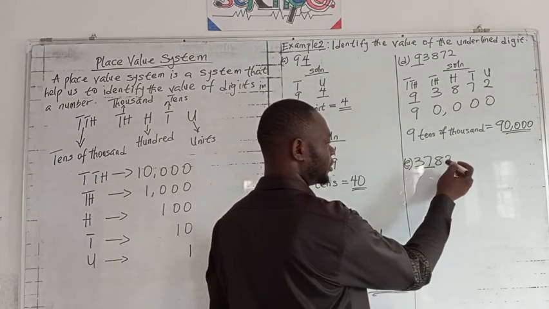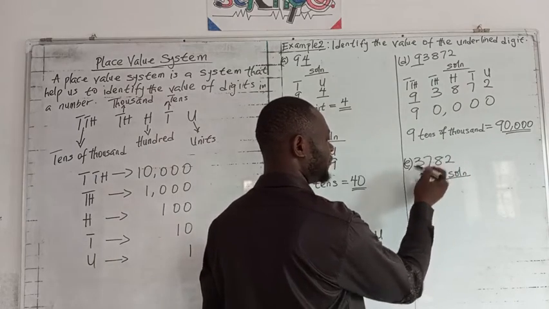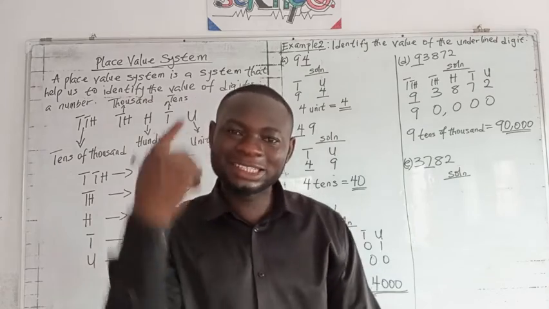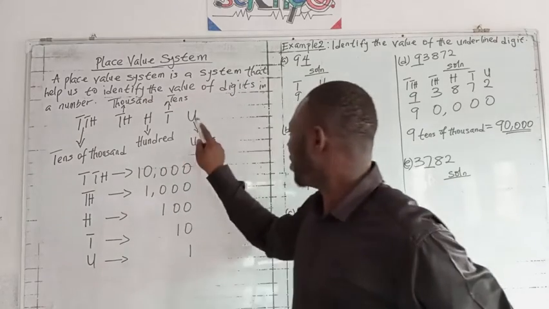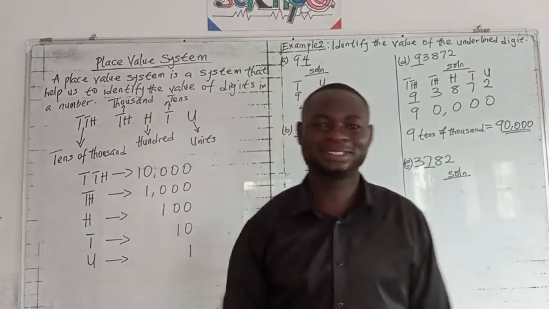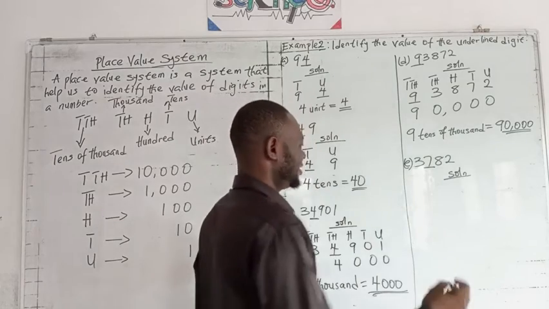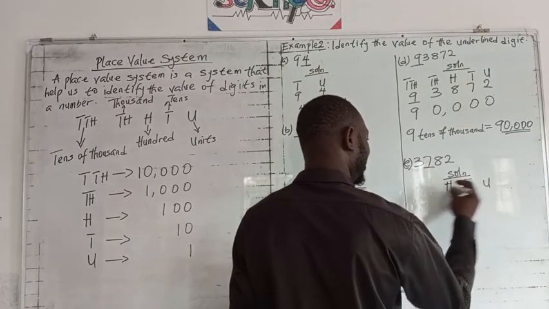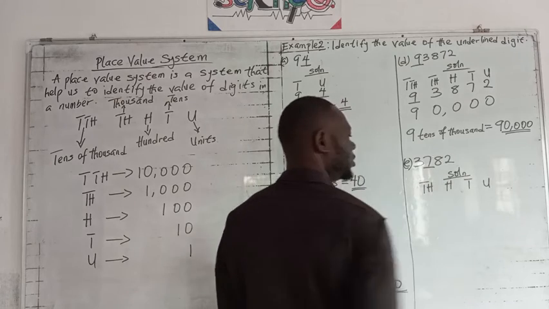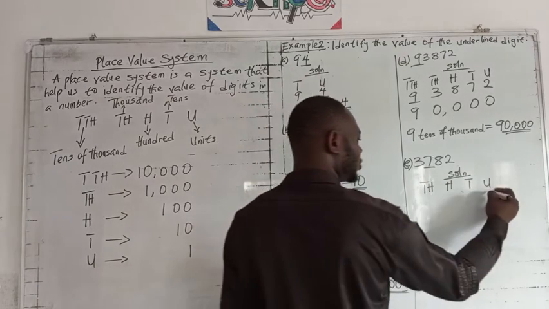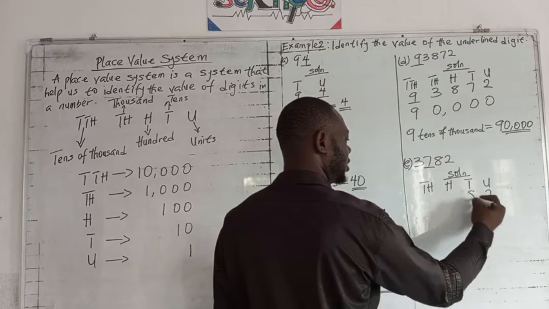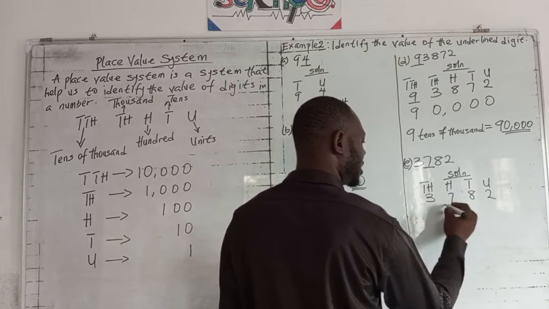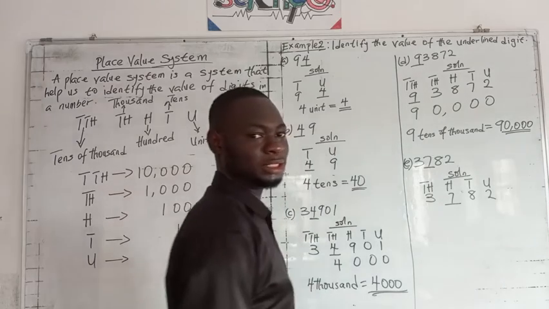So, how many digit numbers? 1, 2, 3, 4. So, the highest place value of 4-digit numbers is what? Thousands. So, let's go. Units, tens, hundreds, thousand. 2 under units, 8 in tens, 7 in hundreds, 3 in thousand, and 7 is underlined.